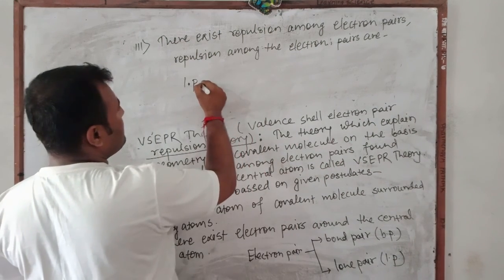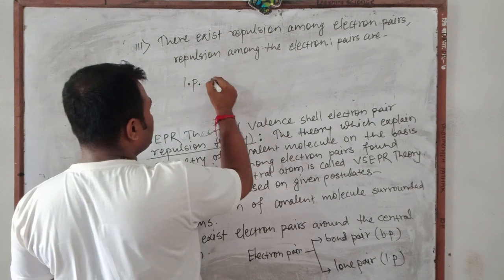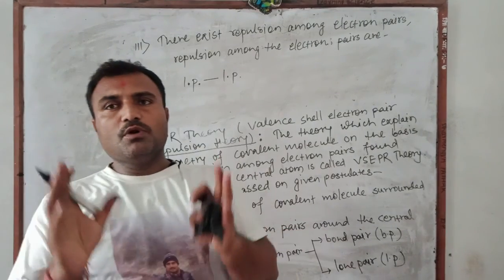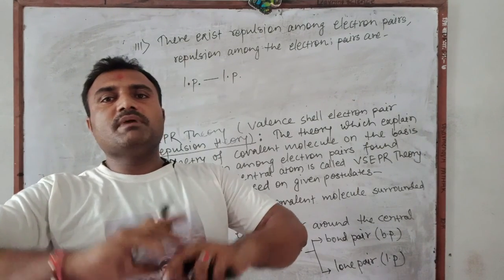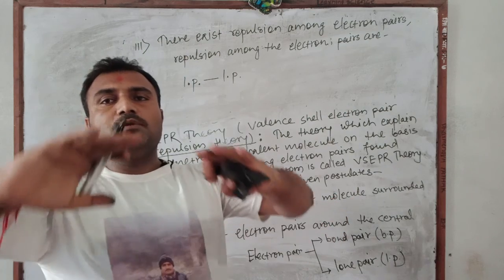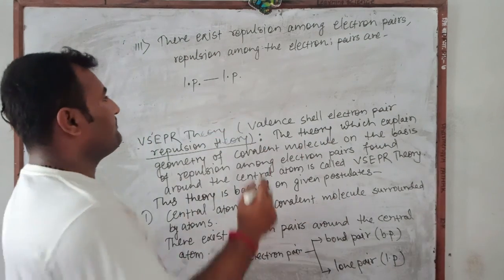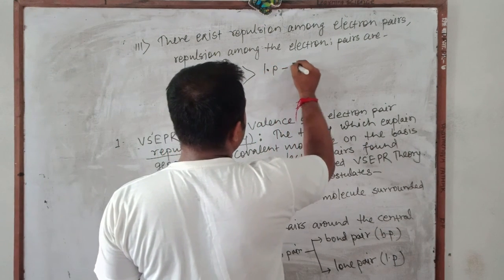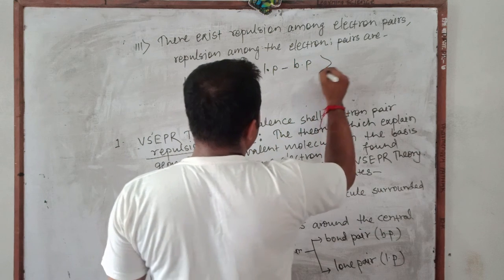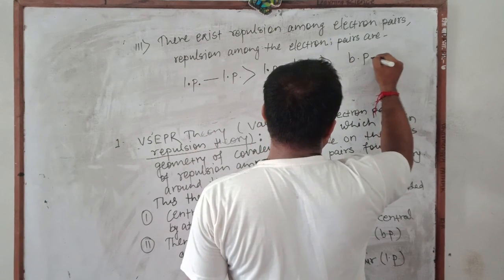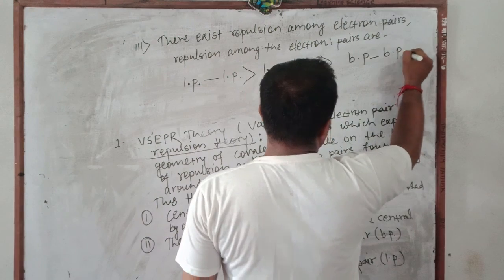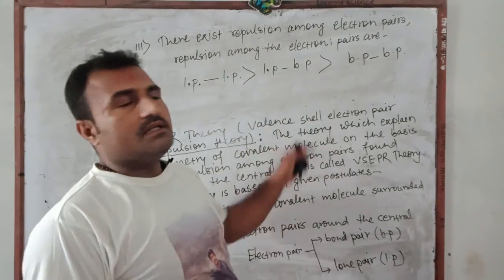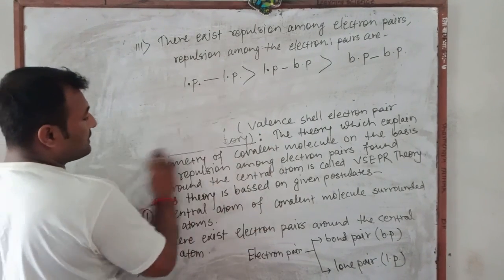The highest, maximum repulsion is found in lone pairs. If two lone pairs are found, then maximum repulsion occurs and the bond pair is pushed downward. Then lone pair and bond pair, and minimum repulsion is found among bond pairs. The existence of lone pairs and bond pairs helps to determine the shape of a molecule.